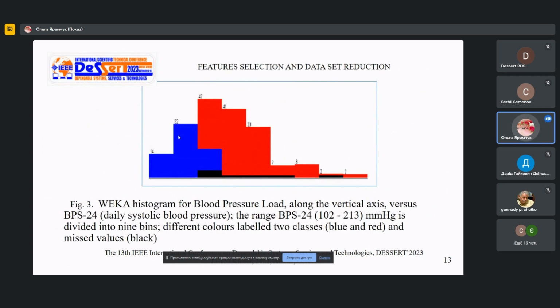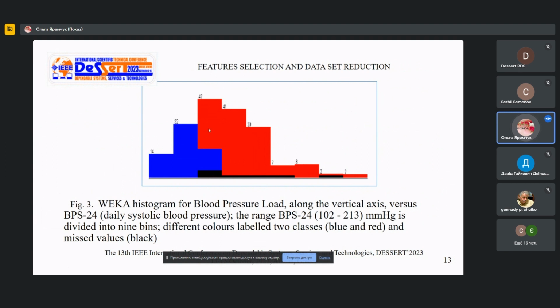It illustrates a Weka histogram for blood pressure load along the vertical axis versus BPS 24, daily systolic blood pressure.